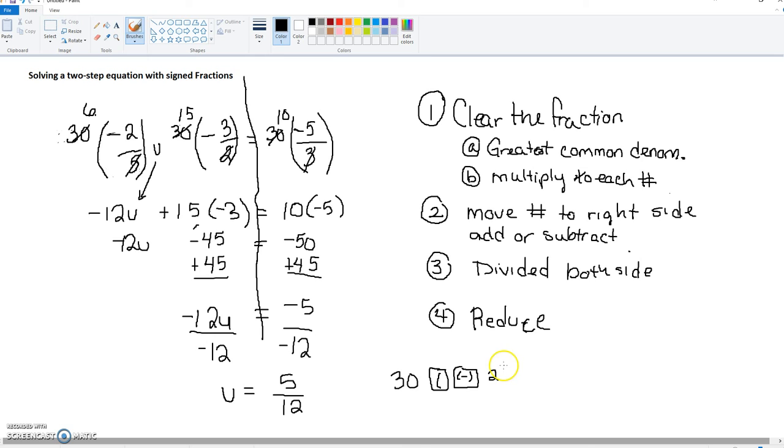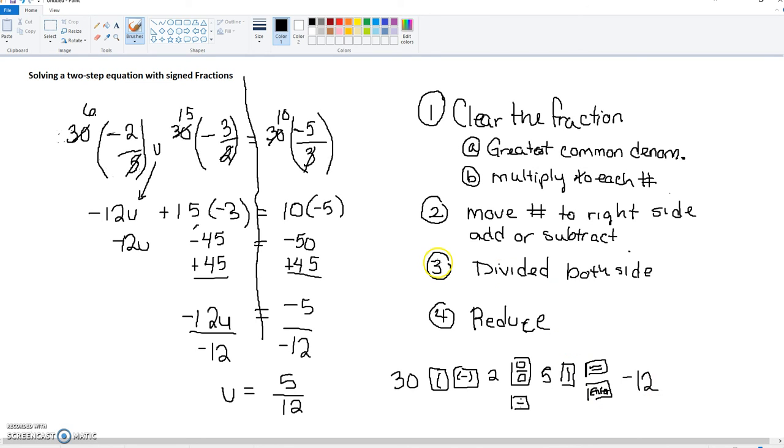Depending on which calculator you have, you'll either use the one that has the fraction, or you will press divide. Then you'll press 5 in this case, your close parentheses, and then either your equal or your enter key, depending on which calculator you have. And it will give you a negative 12.